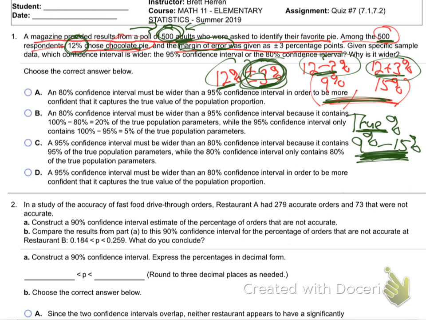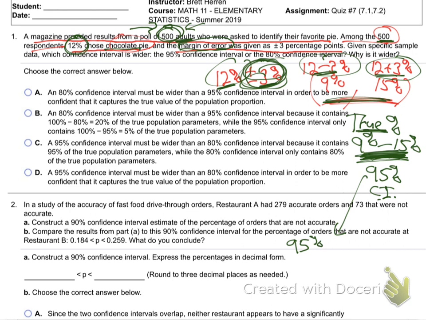Now, maybe that's a 95% confidence interval, CI, confidence interval. In other words, we're 95% sure. What that means, let me make sure we're clear on that.